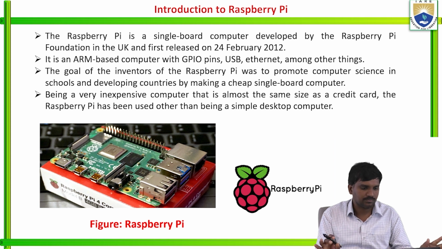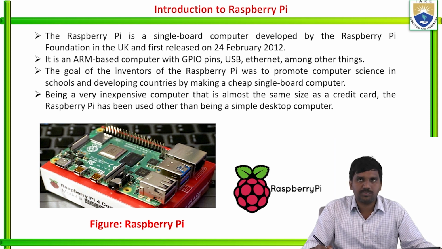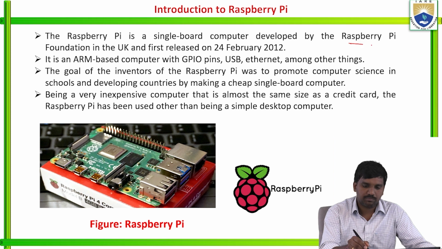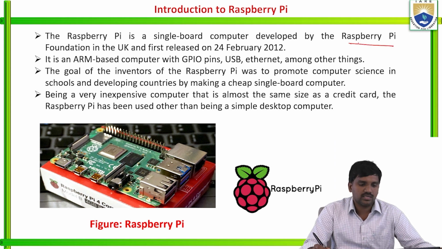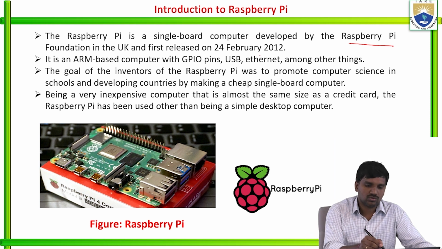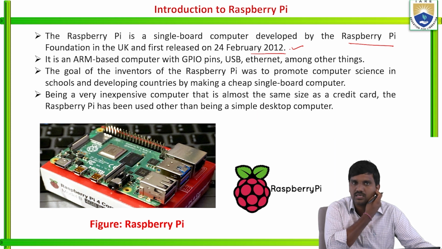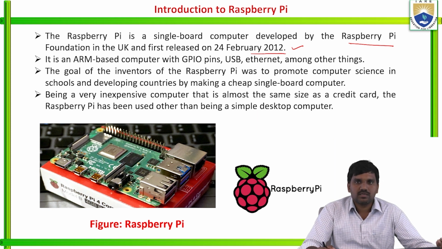The Raspberry Pi is a single board computer developed by the Raspberry Pi Foundation in the UK. The first version of Raspberry Pi was released on February 24th, 2012. So from 2012 onwards, the Raspberry Pi came into actual operation.